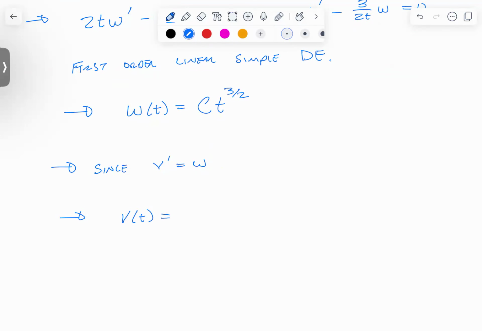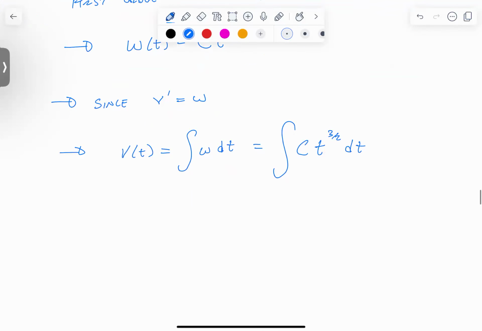So v prime equals w. That was our substitution. That means v of t will be the integral of w dt, which we have here. Now, here's the other big thing. We have that C t to the 3 halves.